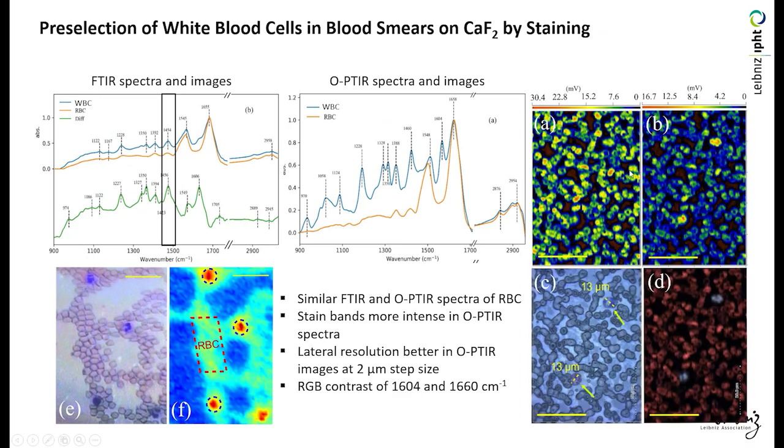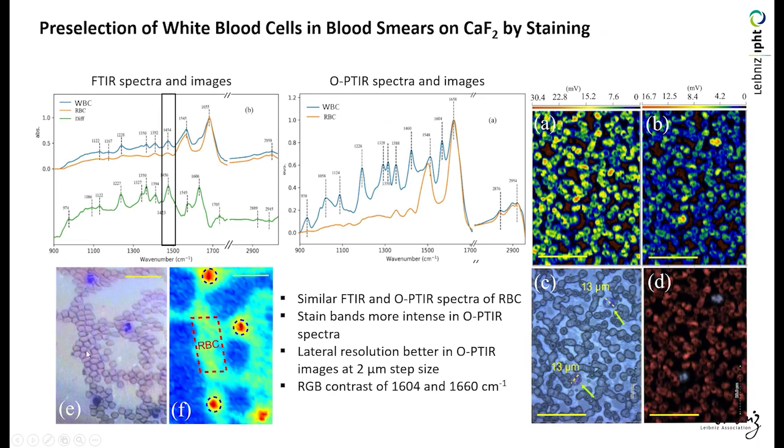Yeah, if you compare the discrete wave number images, you see, as expected, that O-PTIR gives a much better lateral resolution. For example, here a single red blood cell can be resolved, and even fine structures can be resolved.